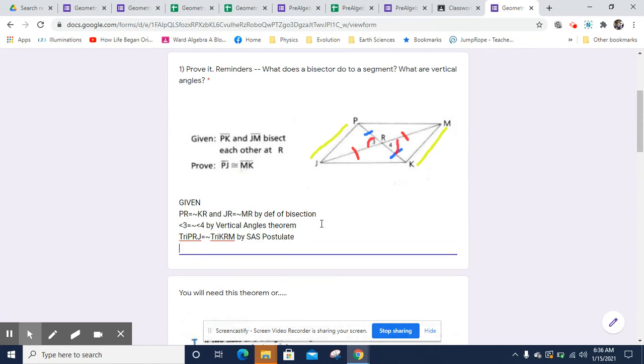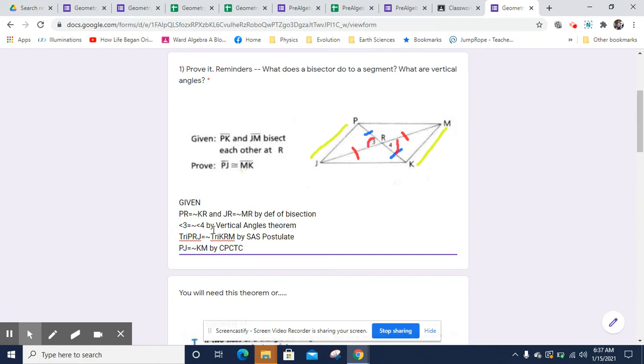Once we've proven that, we can state that PJ and KM are congruent by CPCTC. I'm going to call it KM because that keeps it labeled along corresponding parts, because M corresponds to J. So PJ is congruent to KM by corresponding parts of congruent triangles are congruent, after we proved the triangles were congruent by side, angle, side.